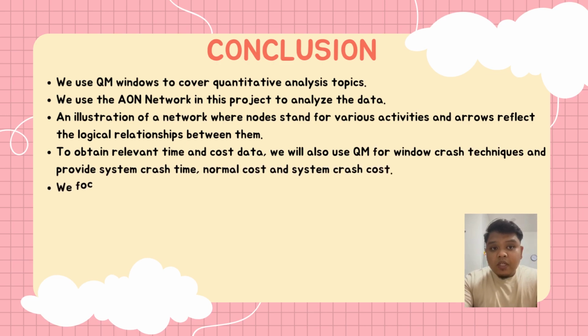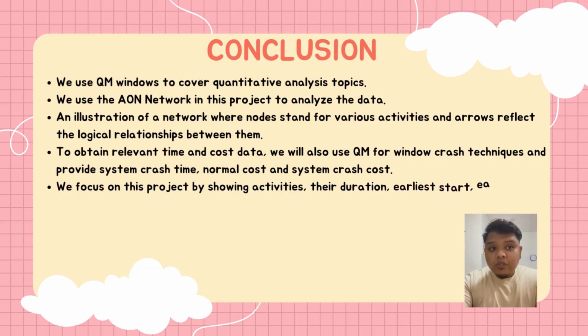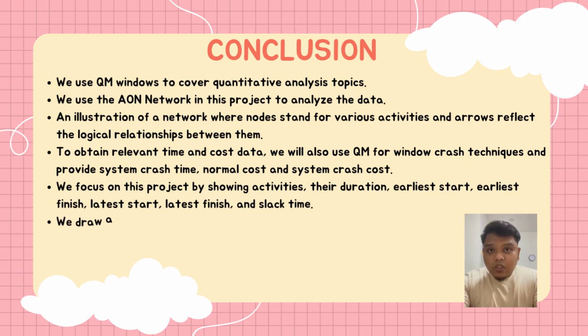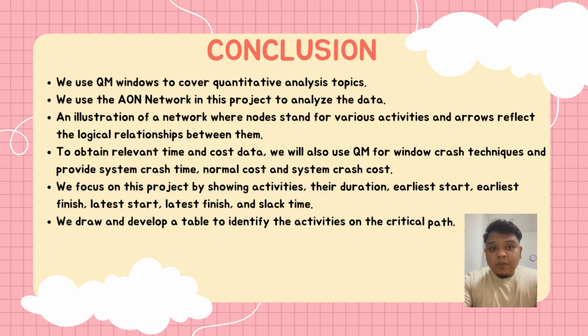To obtain relevant time and cost data, we also use the QM for Windows crash technique and provide system crash time, normal cost, and crash cost. Okay, we focus on this project by showing activities, their duration, early start, early finish, last start, last finish, and slack time. And lastly, we draw and develop a table to identify the activities on the critical path.